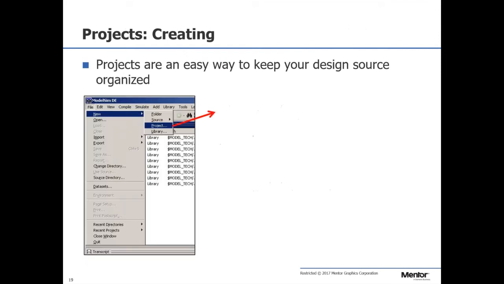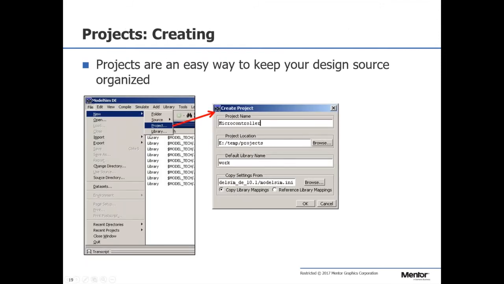But if you want to use the project mode, you come up and say, I want to create a new project. You give it a project name. You say where that project is going to be located. So that's going to be the directory for your project. You give it a default working library, and then by default, it's going to copy all the settings from the installation.